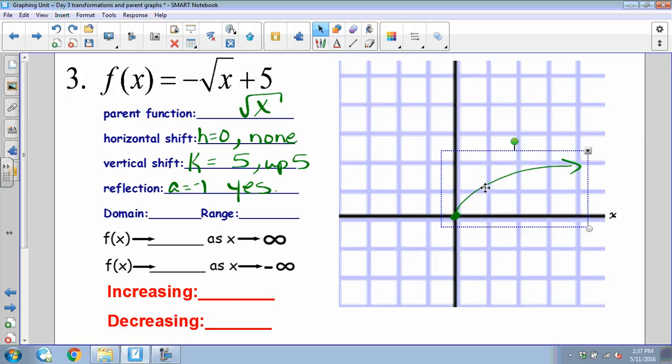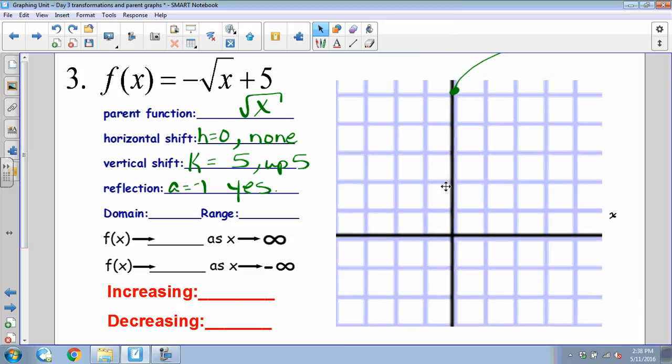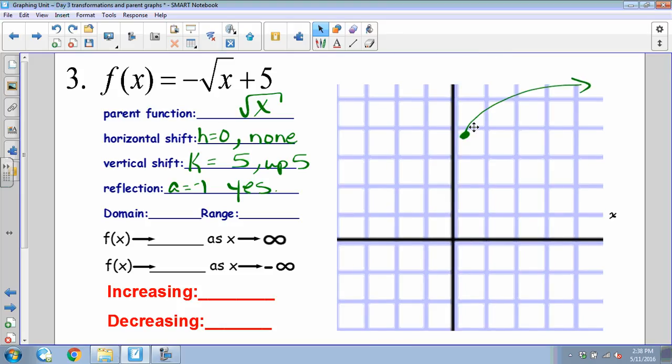I don't shift it left or right at all, but I'll shift it up 5 units. So 1, 2, 3, 4. Okay, let me bring this down some. Let's do that again. So it started out here. We're going to go up 1, 2, 3, 4, 5. That's shifting it up 5 units.